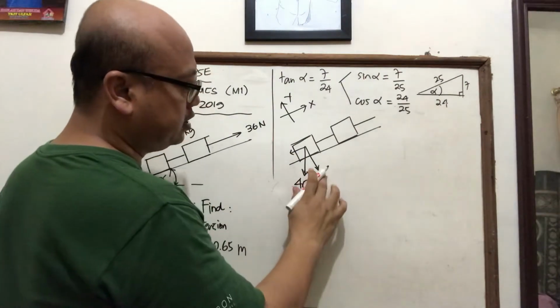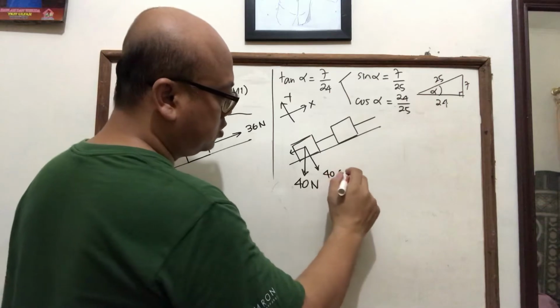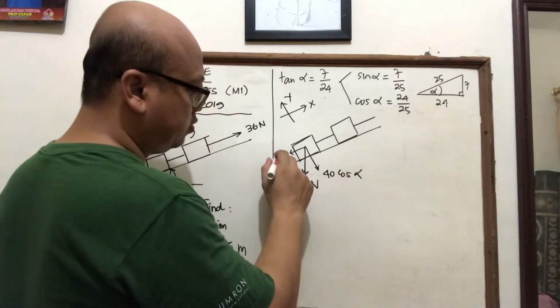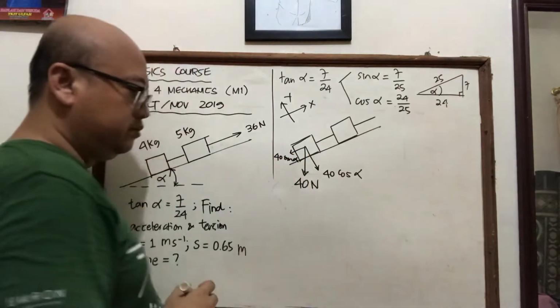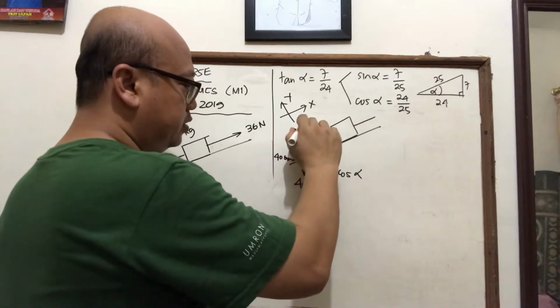On the y axis negative, we get 40 cos alpha, and here is 40 sine alpha. And then we also have the normal contact force here.